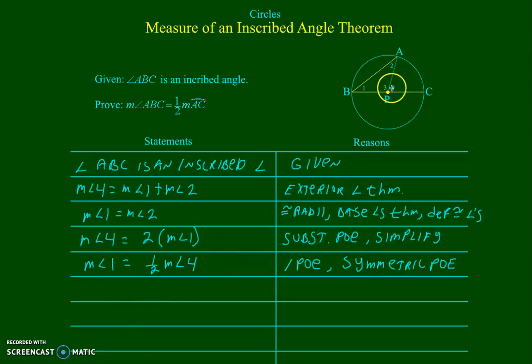Now we know that the measure of angle 4 is the measure of arc AC, and that's ultimately what we need on this side. So we're going to do that substitution based on the definition of a minor arc. And so here we have the measure of angle 1, which is just a surrogate for the measure of ABC, equals 1/2 the measure of arc AC.